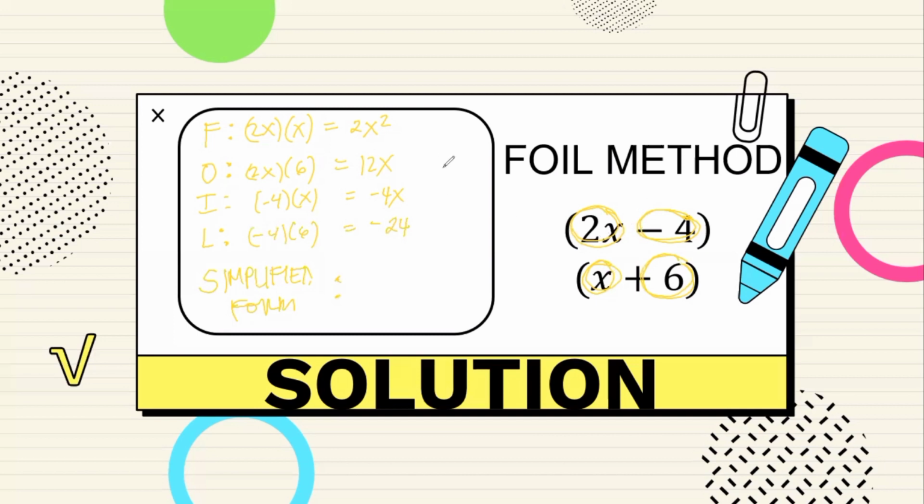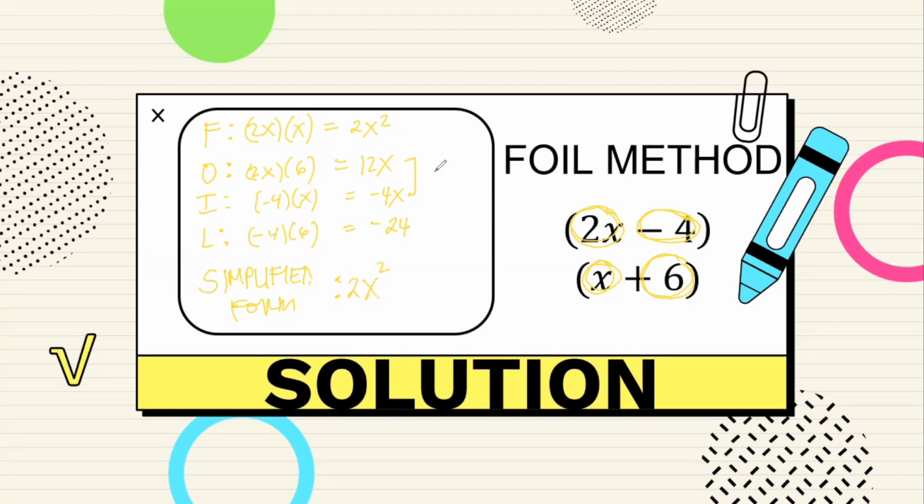Okay, so we have 2x squared and then may common or like terms tayo. What will we do with like terms? We have to perform the operation. And we always have to add them. So 12x plus negative 4x, different sign. What will you do? You have to subtract and then carry the sign of the greater number or the bigger number or the larger number.